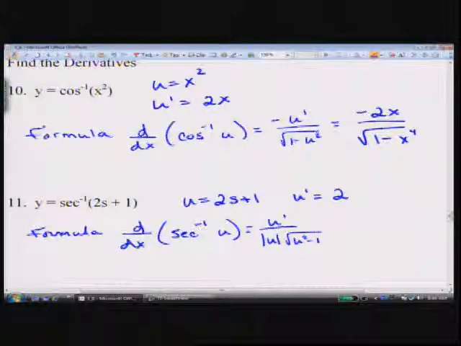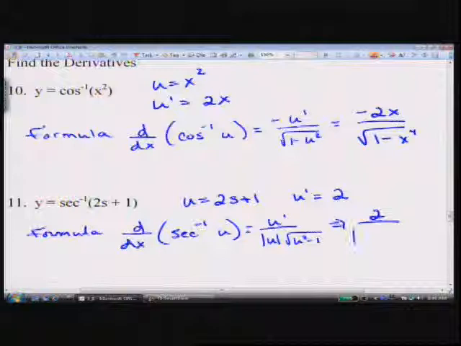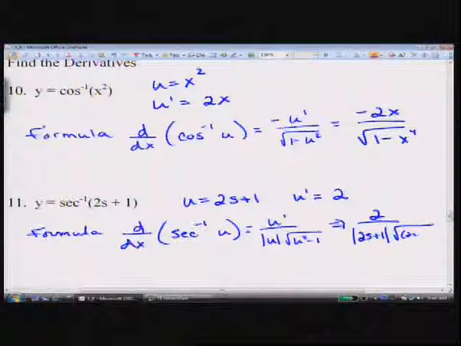Okay? So here it will be u prime, which is 2, over the absolute value of u, the absolute value of 2s plus 1, times the square root of (2s plus 1) squared minus 1.